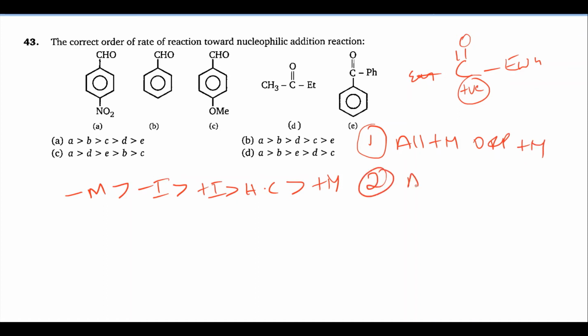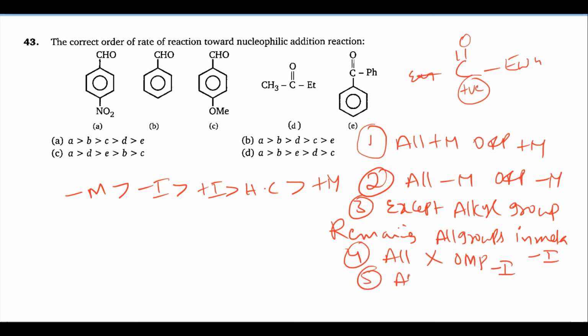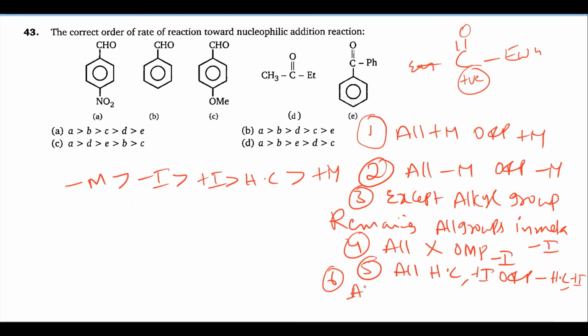Second, all minus M affecting groups in ortho and para show minus M. Third, except alkyl groups, all remaining groups in meta show minus I. Fourth, all halogens everywhere, ortho, meta, para, show minus I. Fifth, all hyperconjugative and plus I affecting groups in ortho and para show their respective effects only, hyperconjugation and plus I. Sixth, all kinds of alkyl groups in meta position show plus I.